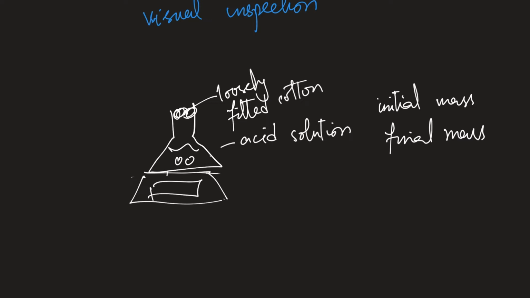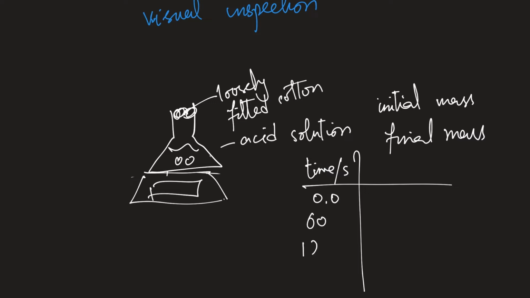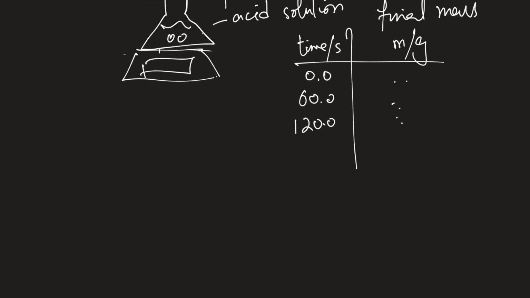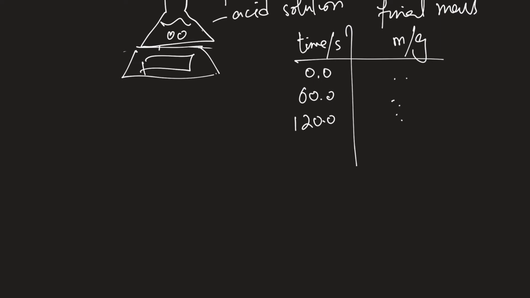So you could make a table, and in that table, you have time on one side, at 0 minutes or seconds you're getting this, at 60 seconds you're getting that, and at 120, you're measuring them at regular intervals, and you will get mass in grams. Now, this value will obviously decrease because the gas is allowed to escape.